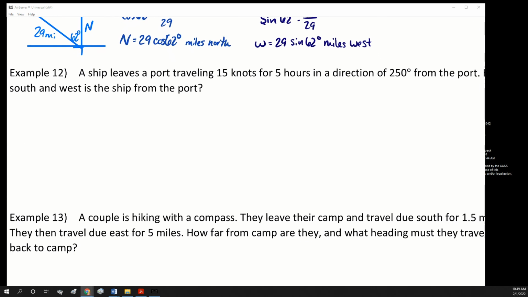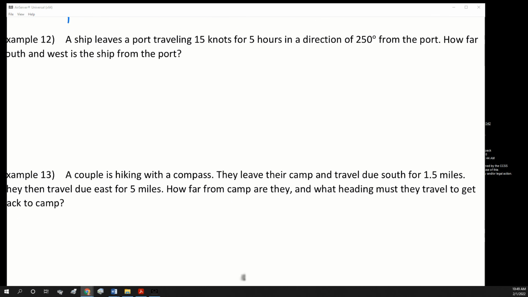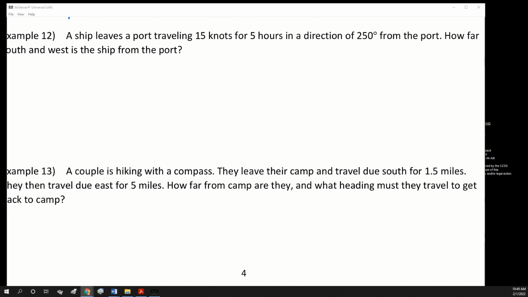So for example 12, a ship leaves a port traveling 15 knots. Do you guys know what a knot is? Right. It's a nautical mile per hour. Someone told me last class and I was wrong, but we're going to pretend like I'm right if I am wrong, because there's no other way to do this problem if we don't think about this as 15 nautical miles per hour.